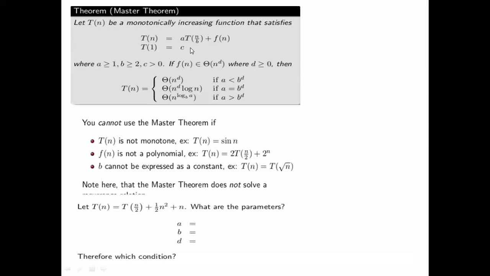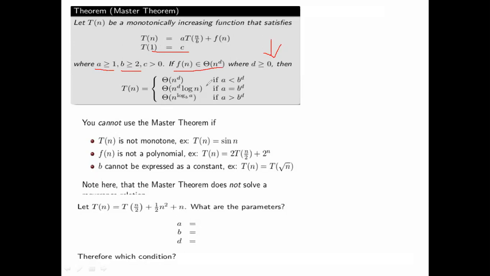Then we have the formula T(n) = a T(n/b) + f(n), where a is greater than or equal to 1 and b is greater than or equal to 2, and c is a constant, so T(1) = c, c is always greater than 0, and the function f(n) belongs to theta of n power d, where d is always greater than or equal to 0. This is the formula I told you yesterday.